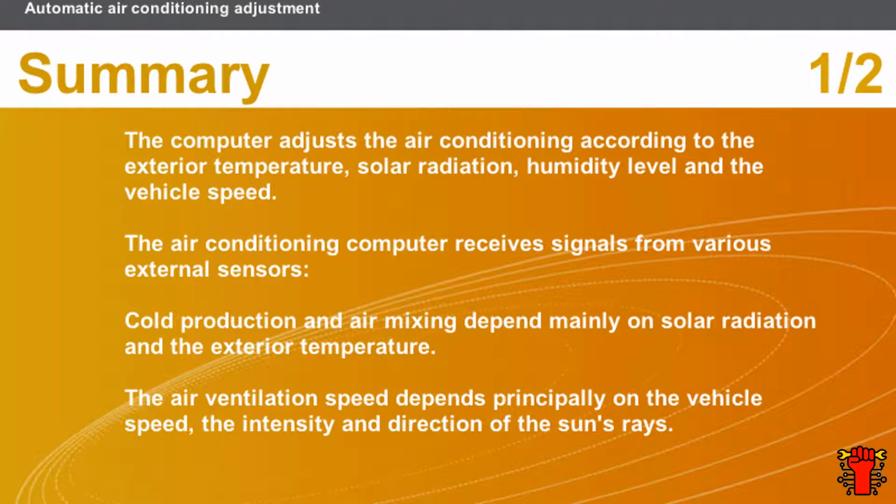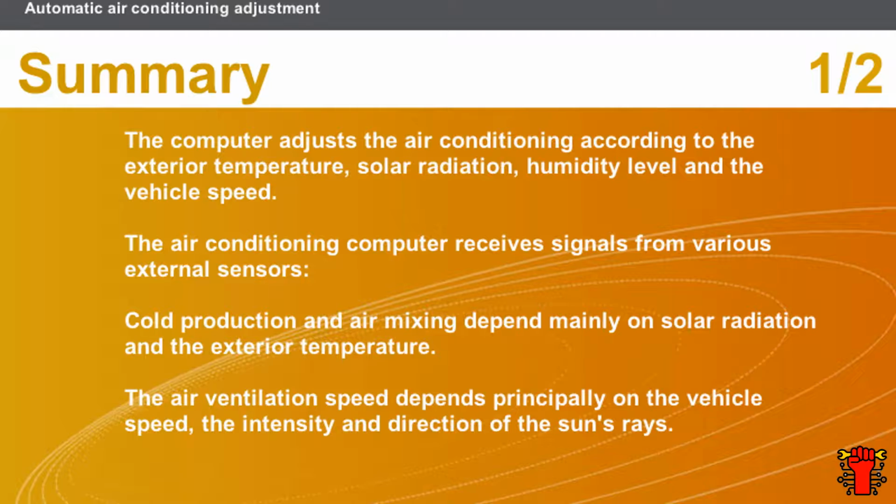In this section we covered the following points. The computer adjusts the air conditioning according to the exterior temperature, solar radiation, humidity level, and the vehicle speed. The air conditioning computer receives signals from various external sensors. Cold production and air mixing depend mainly on solar radiation and the exterior temperature.